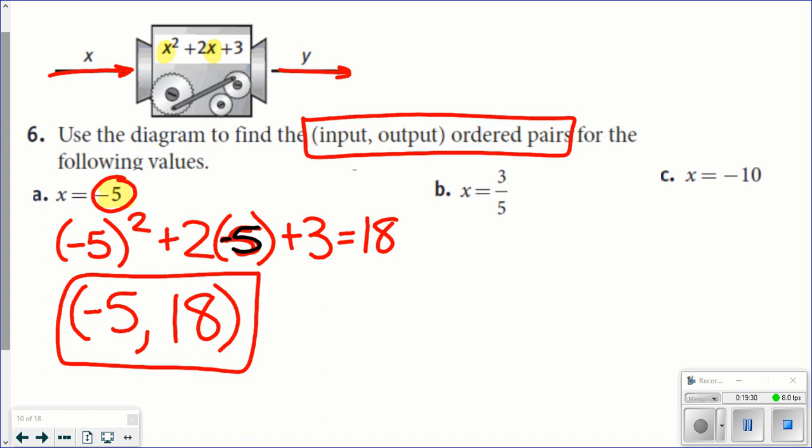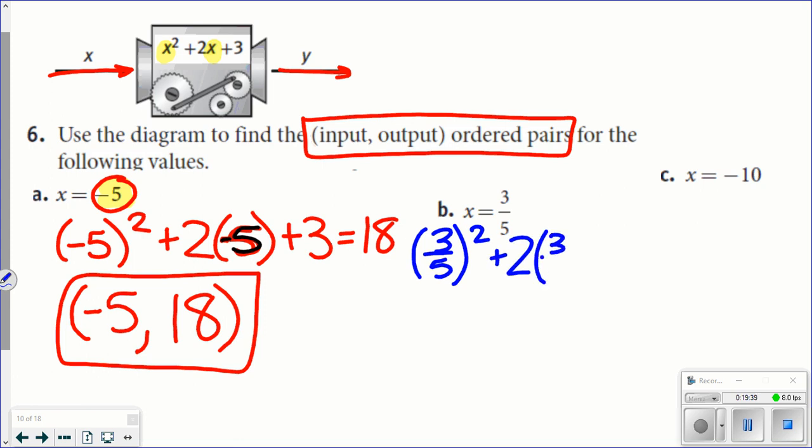Question B, we're going to do the same thing. 3 divided by 5 squared plus 2 times 3 divided by 5 plus 3. Take some time plugging that into your calculator. Use parentheses.